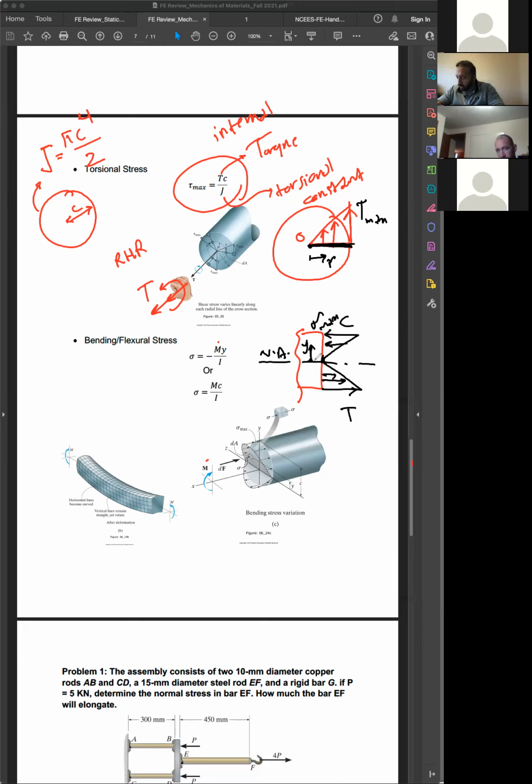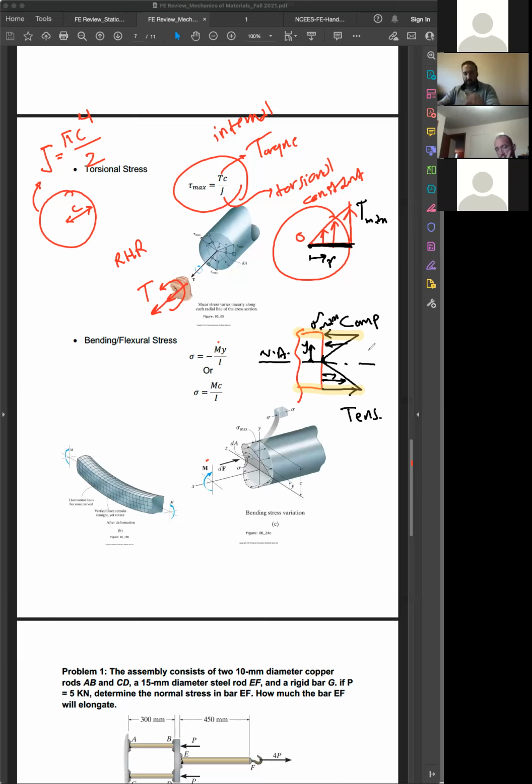We usually say this is y, which goes from the neutral axis. The maximum y would be the height of the member from the neutral axis. Over there, you are dealing with the maximum bending stress. It can be compression on one side, and the other side would be the opposite, tension. They can be switched.